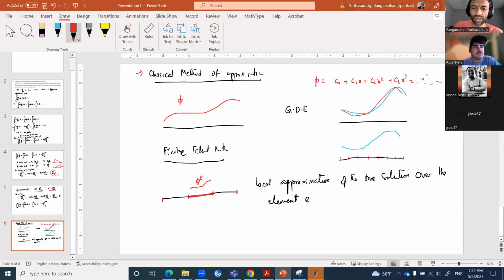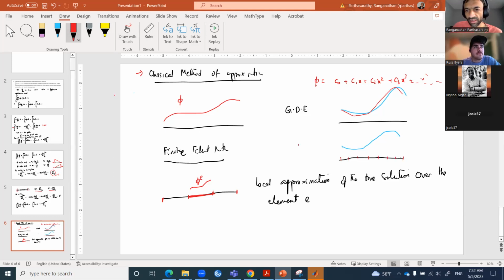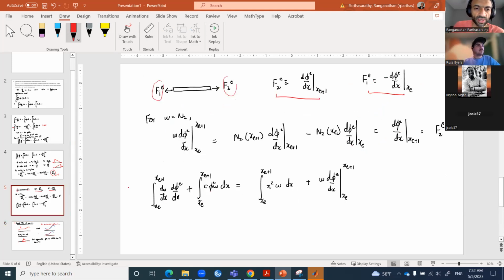Now if I take a linear approximation within each element, I can still get a not bad fit to the solution because it will fit like that. So when I break it up into elements, even a very simple approximation function is sufficient to get a good solution. Okay. So that is phi e. Phi e is the local approximation to the true solution over one element.